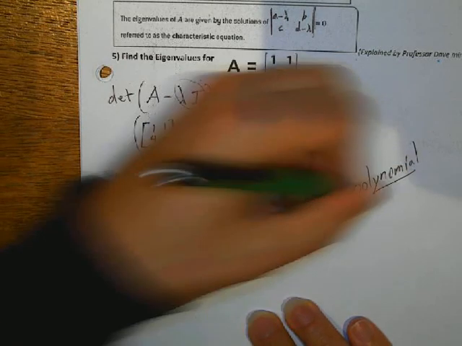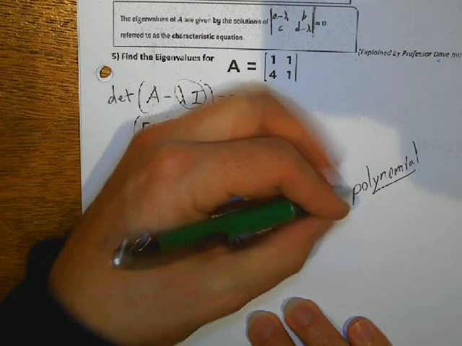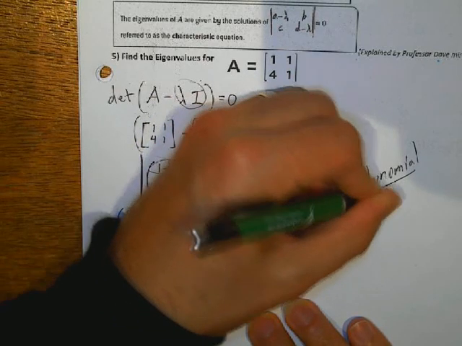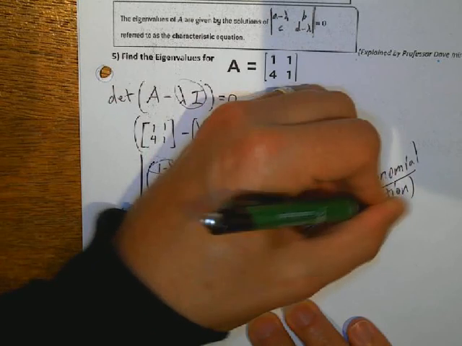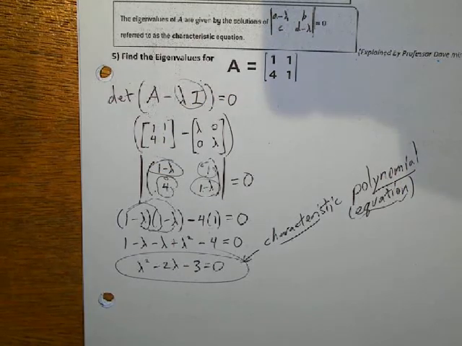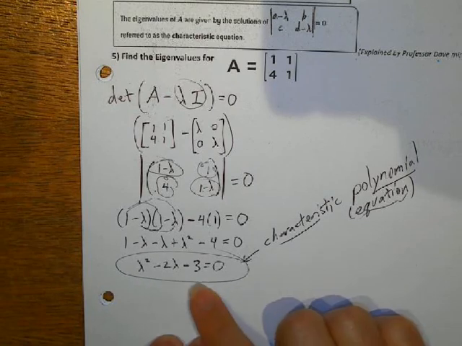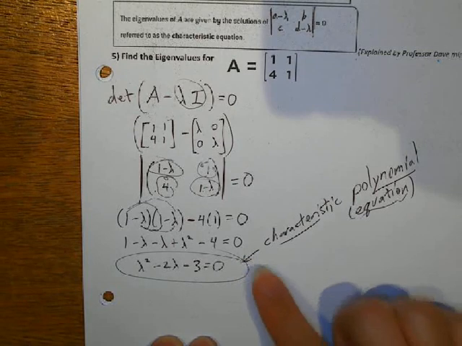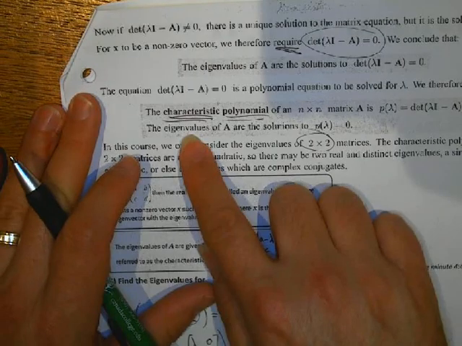In some books they call it the characteristic equation. If you hear me say characteristic equation or characteristic polynomial, this is what we're talking about. We use the characteristic polynomial to help us find the eigenvalues, and that's what it says right here.